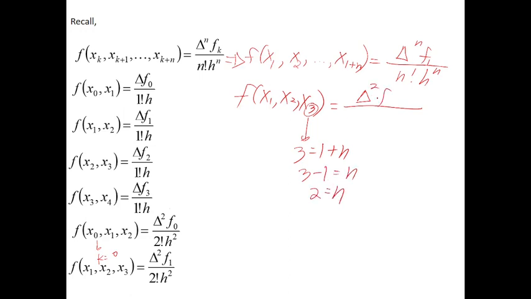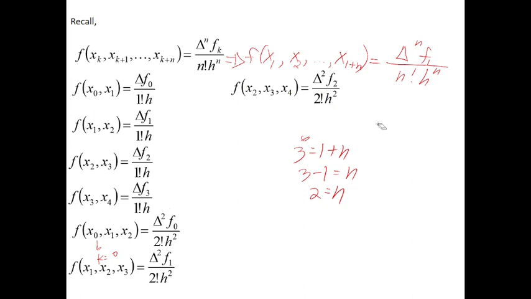So, delta squared f sub 1 over 2 factorial h squared. There. Okay? N is 2. So, I hope you get it, no? Ito, x2, x3, x4. Okay? X2, x3, x4.